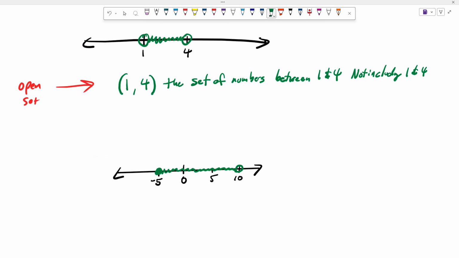So this is another interval. We include the -5, exclude the 10. So in interval notation, go -5 to 10. We include it, so again, square bracket. We exclude the 10, so round bracket.